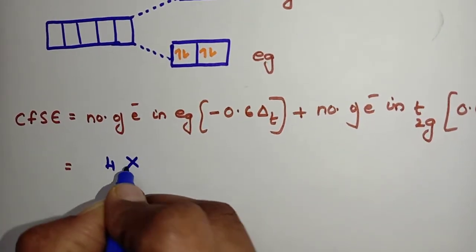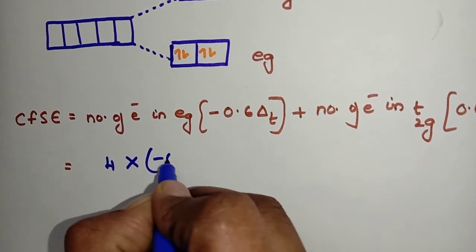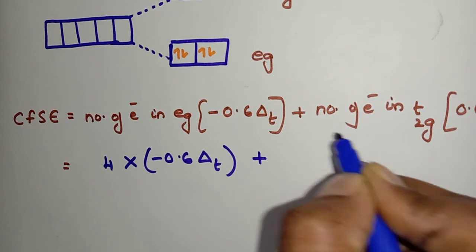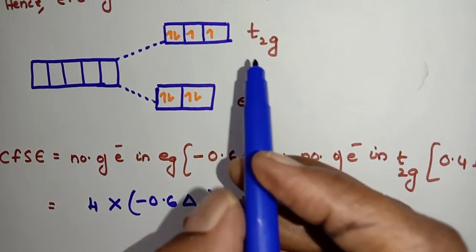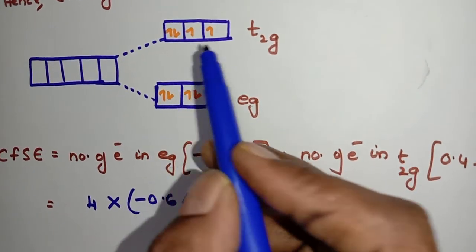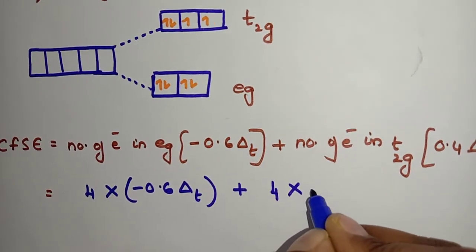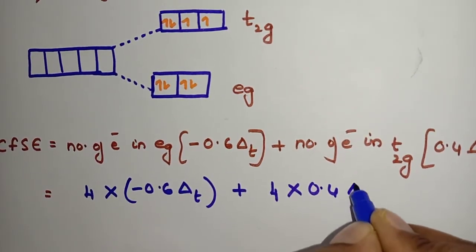So 4 into minus 0.6 delta T plus number of electrons in T2g. How many? 1, 2, 3, 4. So 4 into 0.4 delta T.